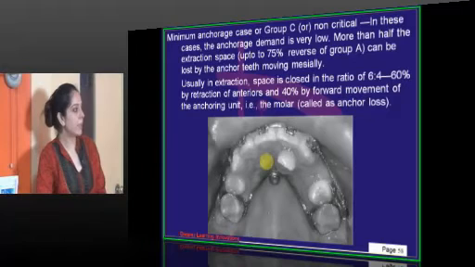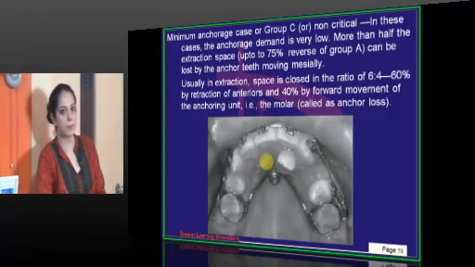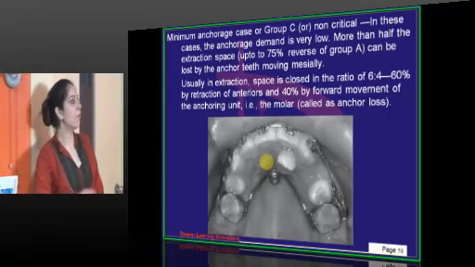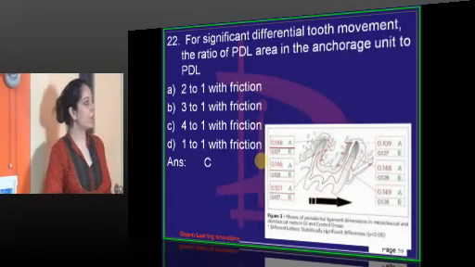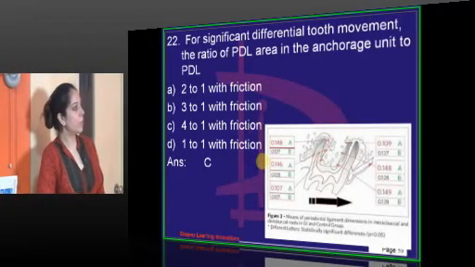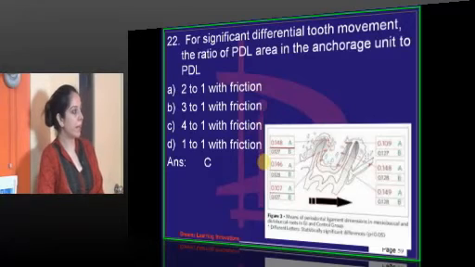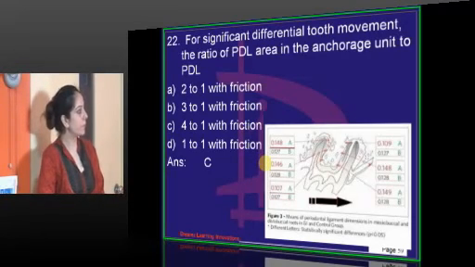Usually in extraction the space is closed in the ratio of 60 to 40, that means 60% retraction of anteriors and 40% by forward movement of the anchor teeth. For significant differential tooth movement, the ratio of PDL area in the anchorage unit to the PDL area of the tooth to be moved is around 4:1 with friction.